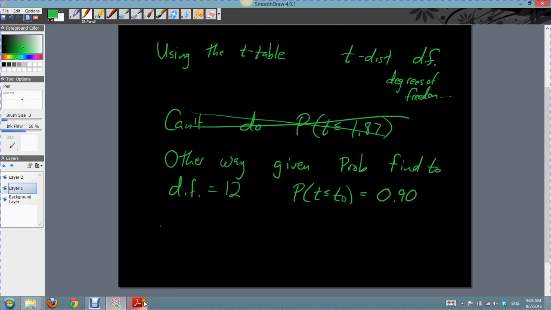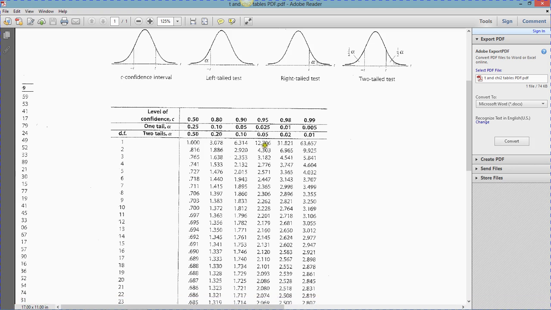If I pull up my t-table right quick, I want one tail, so I'm looking at a picture like this. And I guess this is actually kind of opposite of what I wrote down. This would be if the tail was 0.10, then my t would be negative 1.356.